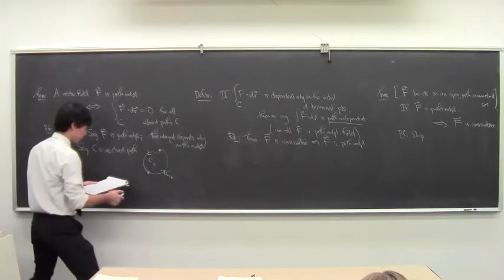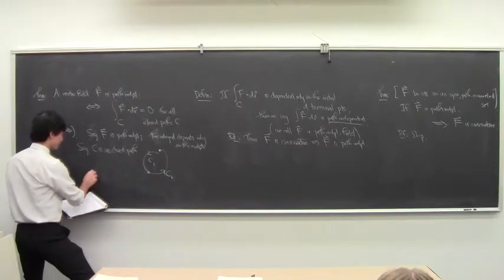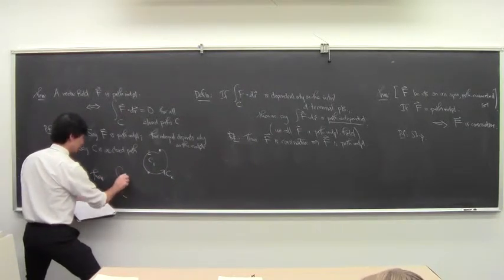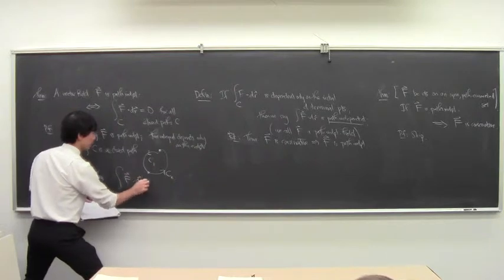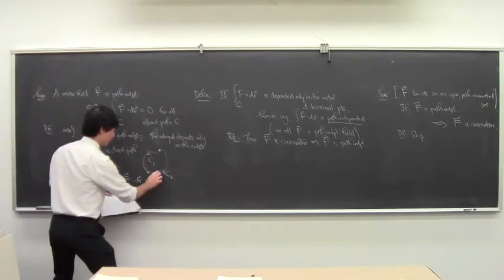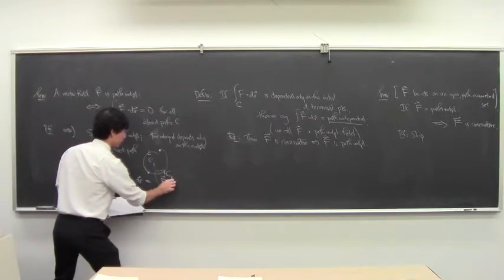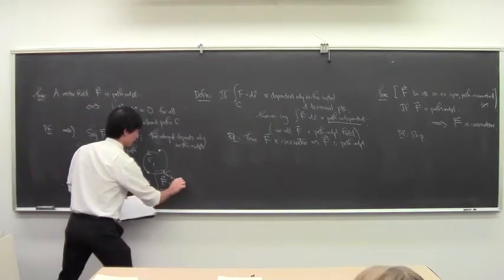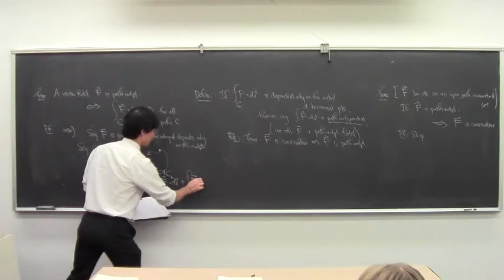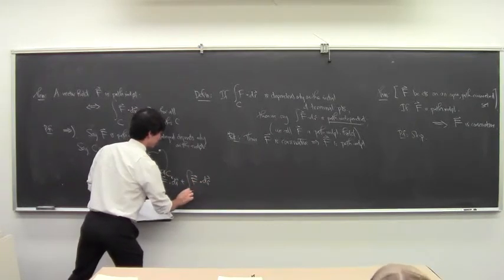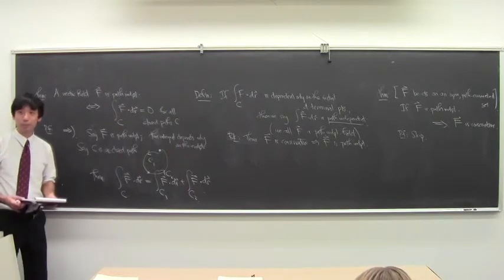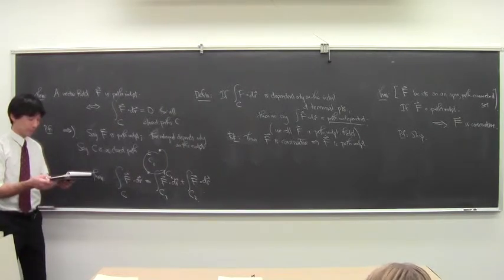Then the integral over the whole thing, C, is going to be the integral over the first guy plus the integral over the second guy. That's certainly true. So far, so good.